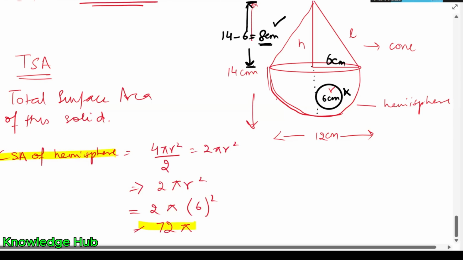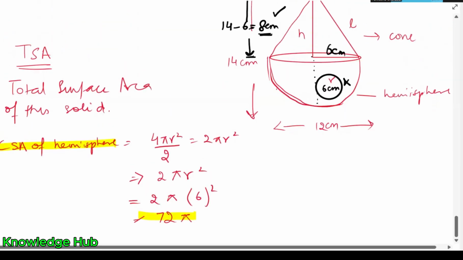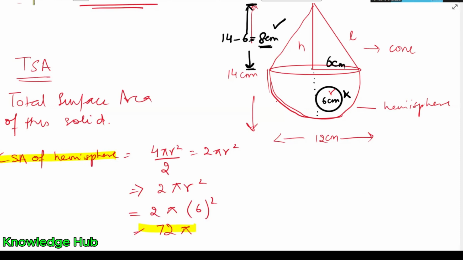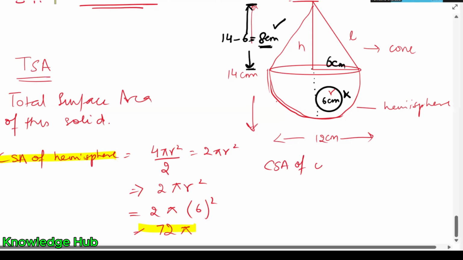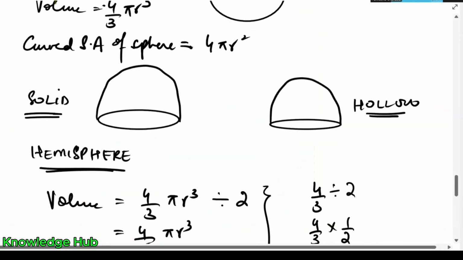But we don't need only the curved surface area of the hemisphere here. We need the surface area of the cone also, right? Now, for the curved surface area of the cone, the formula is pi r L, as I have discussed with you.